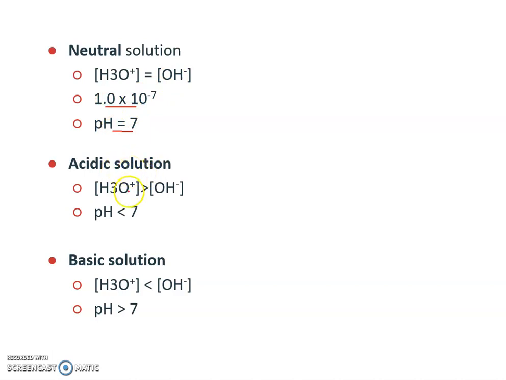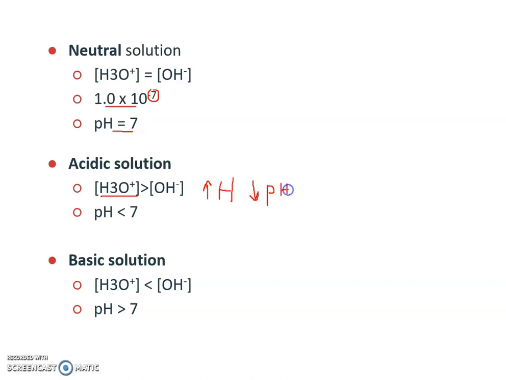In acidic solutions, now we have more protons or more hydronium ions. So we have higher proton concentration. That means this number here is actually going to be, the absolute value is going to be less. So like 10 to the minus 6 is higher than 10 to the minus 7. So that means more hydrogen ions, lower pH.